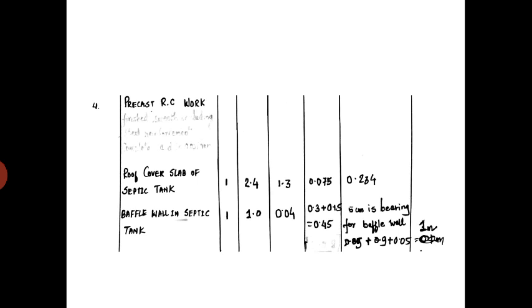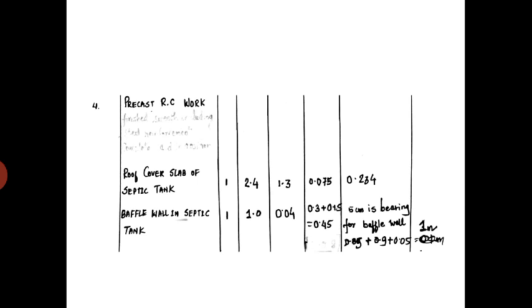Then 0.075 is the slab thickness they have given. In the diagram itself, they have given a 7.5 centimeter RCC precast slab. So it is 0.075 meters.